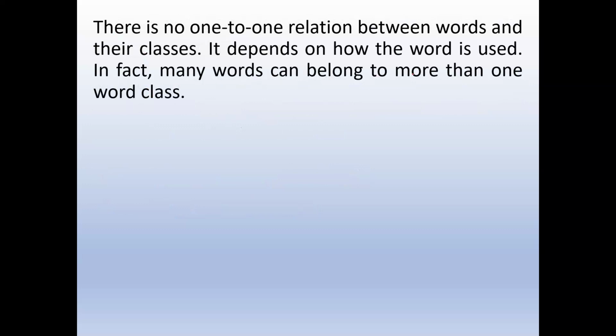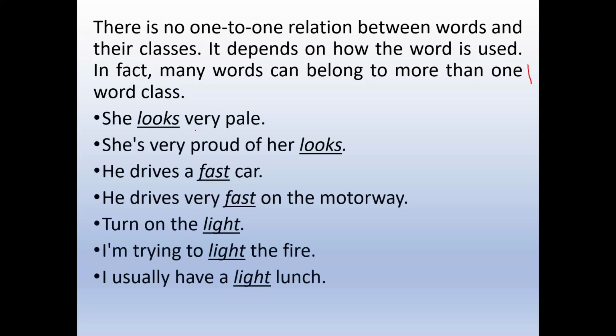It depends on how the word is used, right? And we have this situation as well. Many words can belong to more than one word class also. So how to solve this issue? Only by looking at what a word is doing in a given sentence. That is all, which means the third criterion. Right, now you have these sentences, I think, in your note.